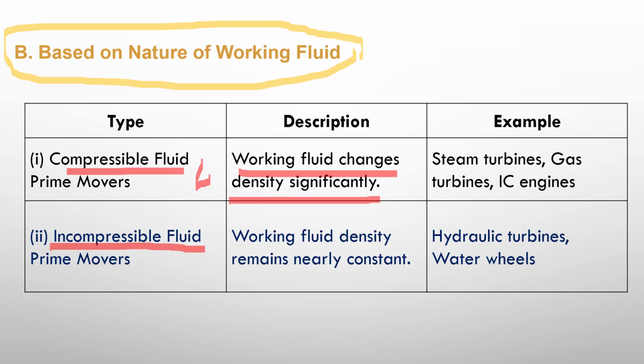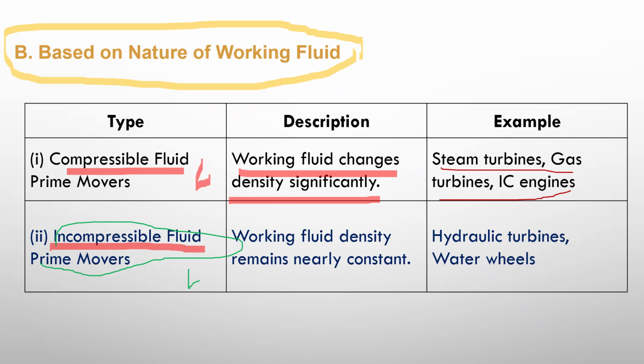Here the gas is used. So what we can see is in the steam turbine, gas turbine or in the IC engine, we are using compressible fluid prime movers. But whenever we are talking about incompressible fluid prime movers, we have to use all the liquids.